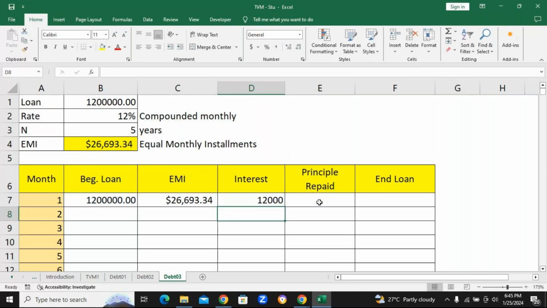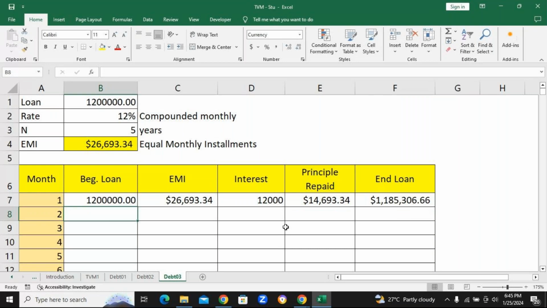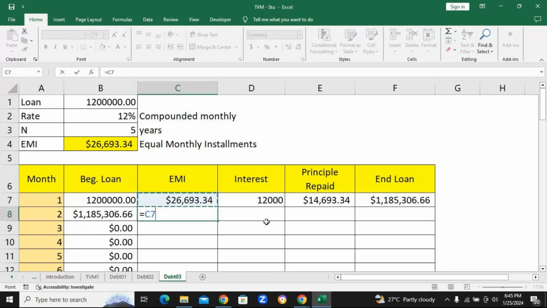Principal repaid equals EMI minus interest. End of loan amount equals 1,20,000 minus 14,693, that is principal repaid. So here I'll get the end loan amount. I'll come here and just double click. Here EMI is going to remain the same throughout.